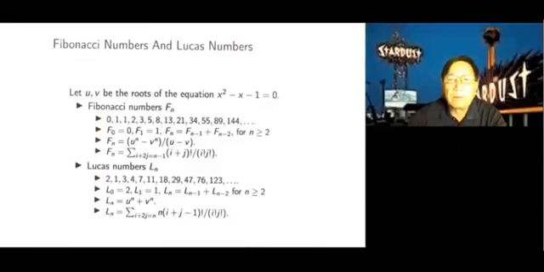L of n is equal to the sum of n times i plus j minus 1 factorial divided by the product of i factorial and j factorial, where i and j are the indices satisfying i plus 2 times j equals n.